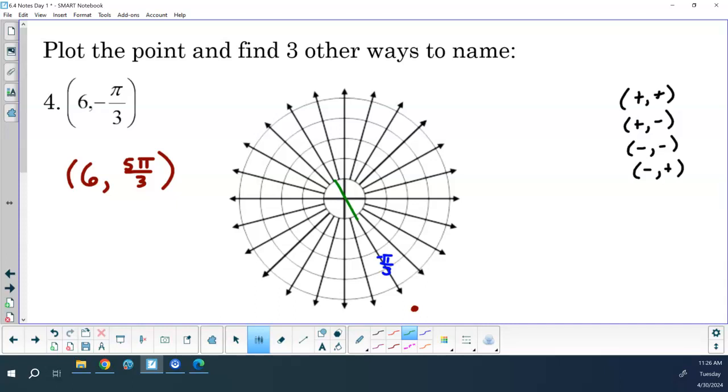So that would be negative 6, negative 4 pi over 3. Negative 6, 2 pi over 3.